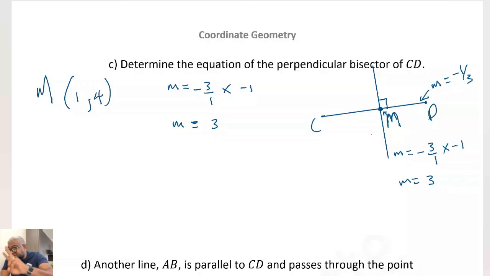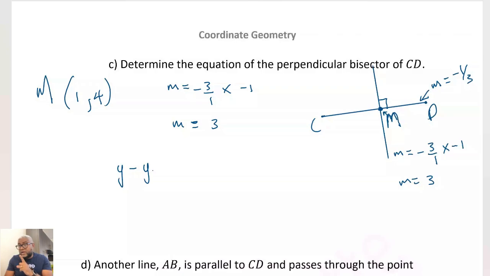Two things are necessary to find the equation of a line. You must have the gradient and you must have a point on the line. What is the formula for the equation of a line? Y minus what? Go ahead, Daryl, help him. Formula first.